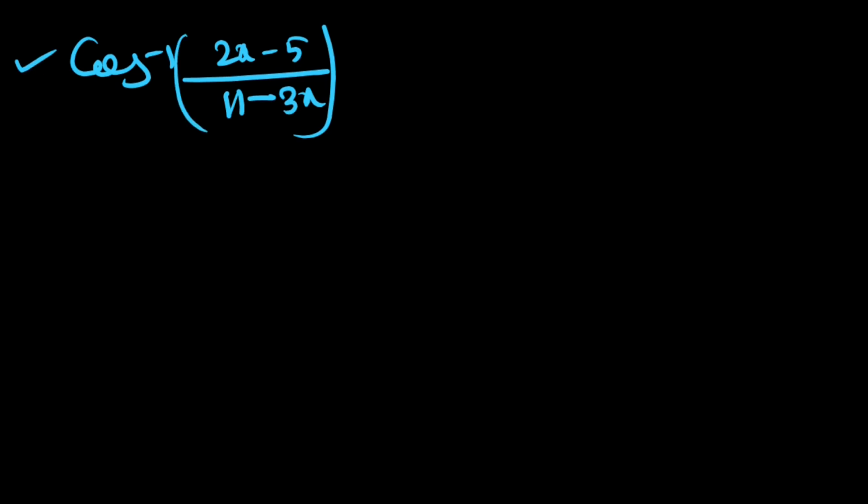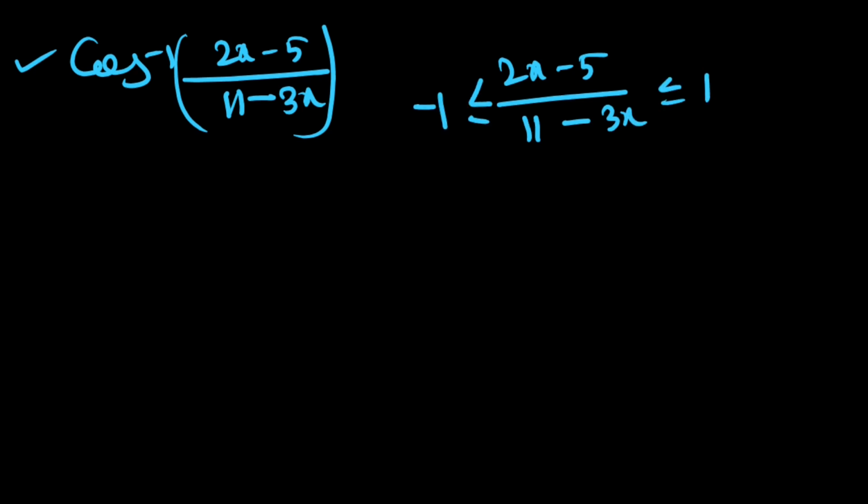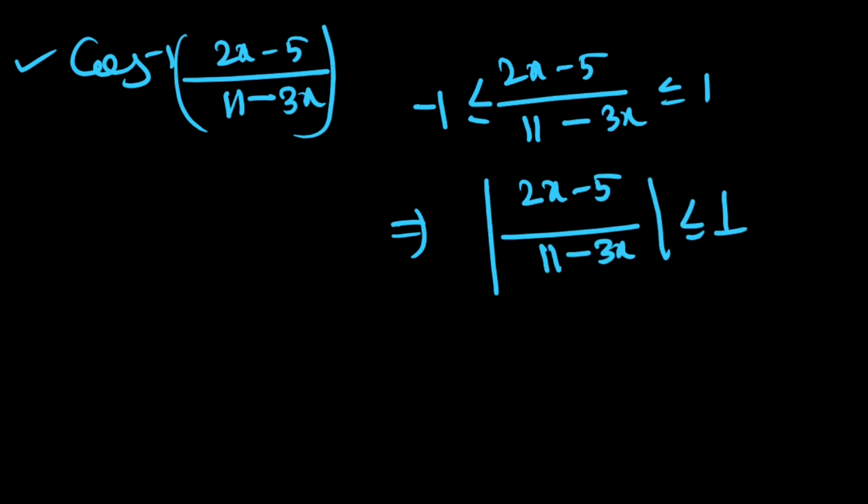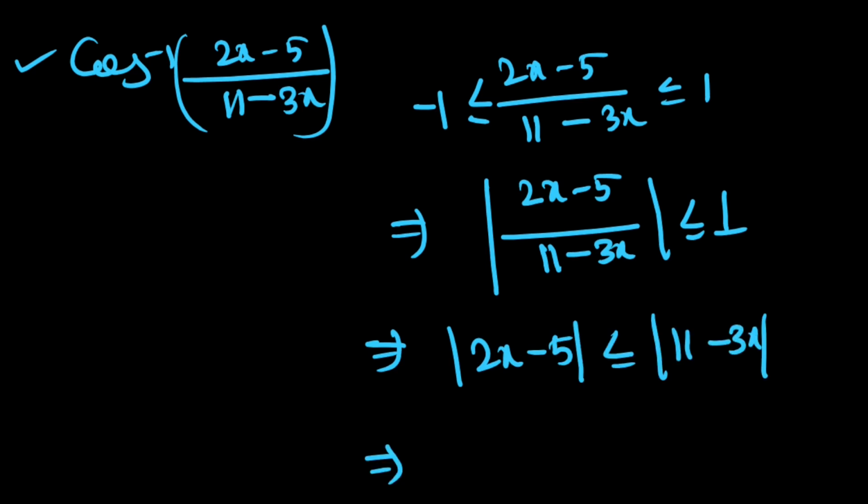That means (2x minus 5)/(11 minus 3x) lies between minus 1 to 1. That means the modulus of (2x minus 5)/(11 minus 3x) is less than or equal to 1. Then we multiply: modulus of 2x minus 5 is less than or equal to modulus of 11 minus 3x. In this situation, if we square both sides, it will be very easy to find the value of x.